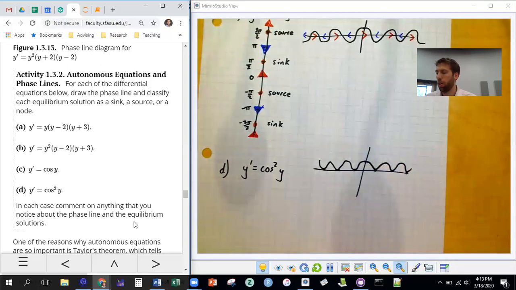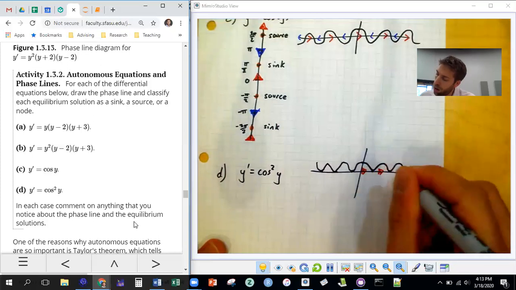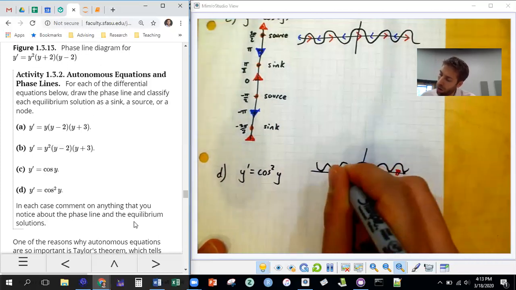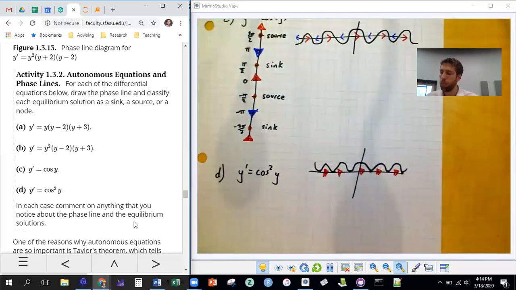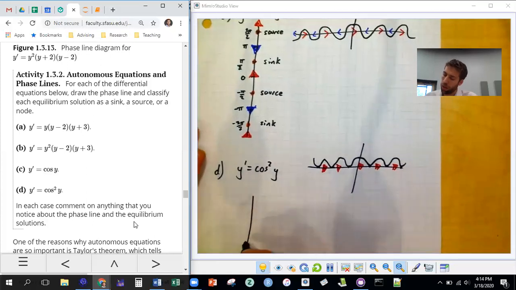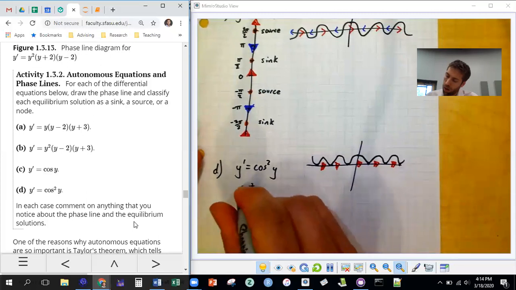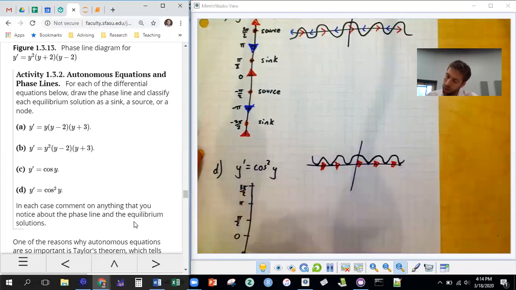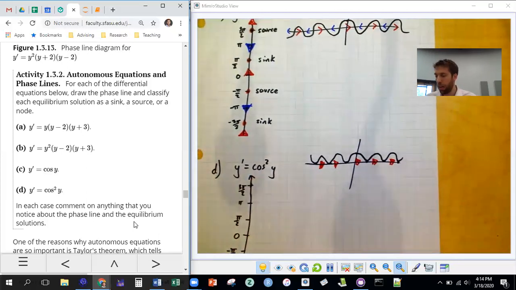So then it's always positive. Everything's a node. So we have the same sort of thing where you have 0, pi over 2, pi, 3 pi over 2, negative pi over 2, negative pi, negative 3 pi over 2, and it's all red.